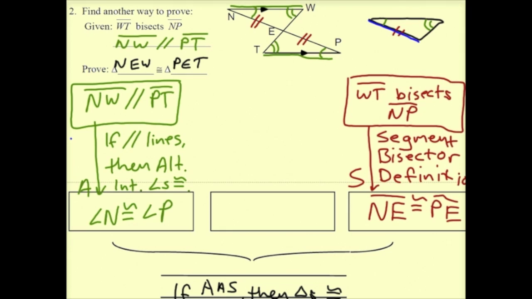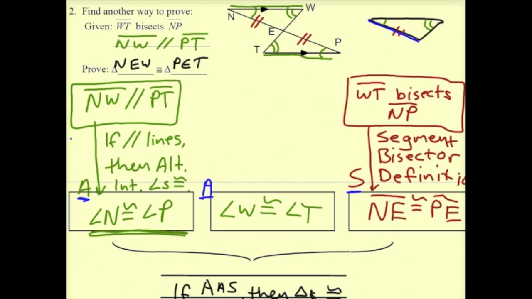So since we're dealing with an angle side proof, we'll have to talk about one pair of angles, which is shown here, another pair of angles, and then that pair of sides that we've already established. Okay, so from the fact that NW is parallel to PT, that gave us this first pair of angles, that N and P were congruent. Now we also established that angle W was congruent to angle T. And the reason why is the exact same reason as N and P are congruent.